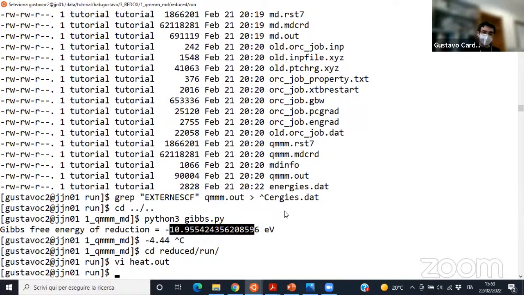Okay. I think this wraps up the first part of the tutorial. The second part is going to be shorter, I promise. But yeah, we have 2 simulations, one in the oxidized and one in the reduced species.